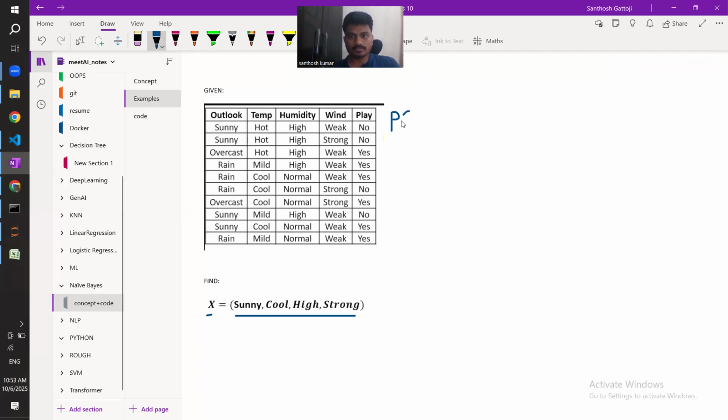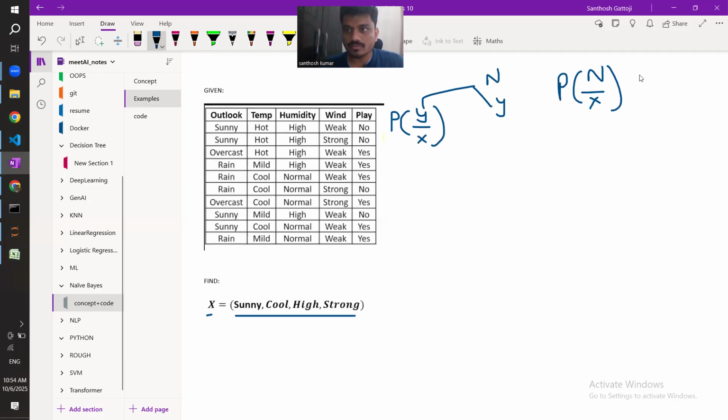X is given and I need to calculate Y. Y could be no or yes. So I need to calculate the probability of not playing given X, and also the probability of playing given X.